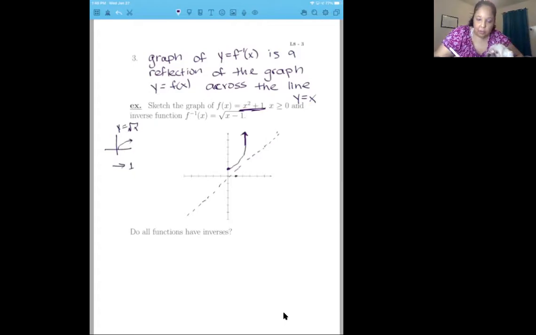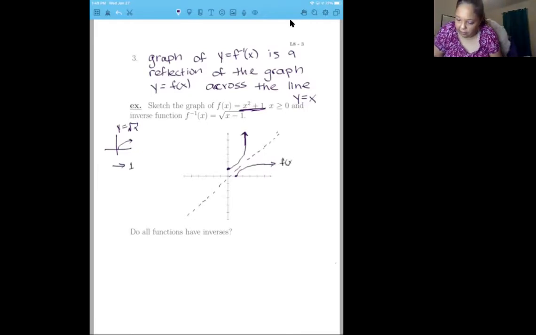So that is going to be this graph right here. So notice that if you looked at them, so let me rewrite this.